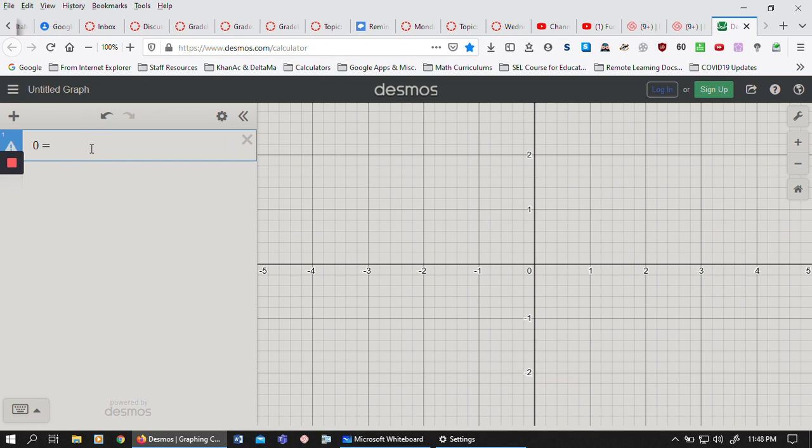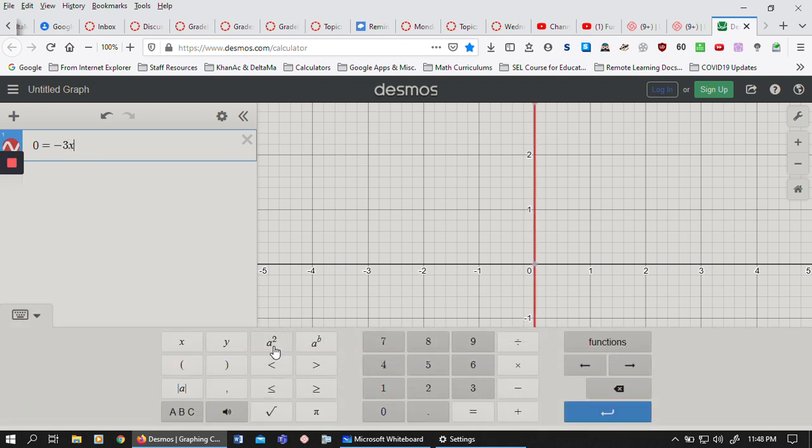0 equals negative 3x squared, minus 8x, if I'm remembering it right, and then minus 4 here.